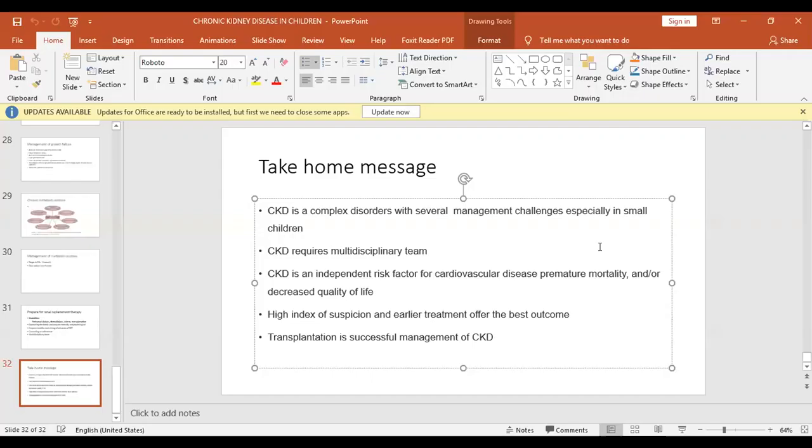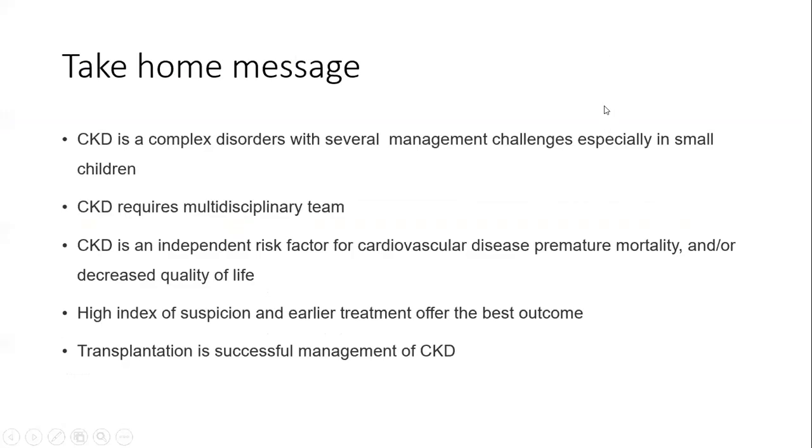Okay, so my slide is on. Now for the modality of dialysis, there are so many criteria we consider before we do dialysis. One is the age of the patient, the experience of the nephrologist, the location of the parent and child, and the affordability of the modalities.